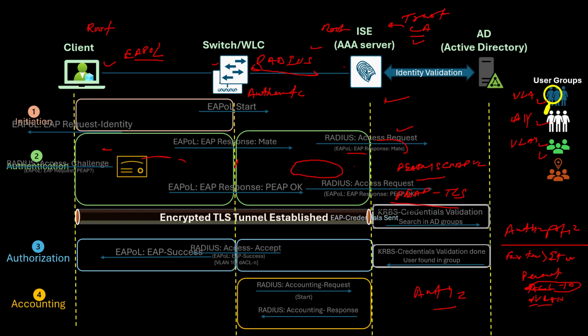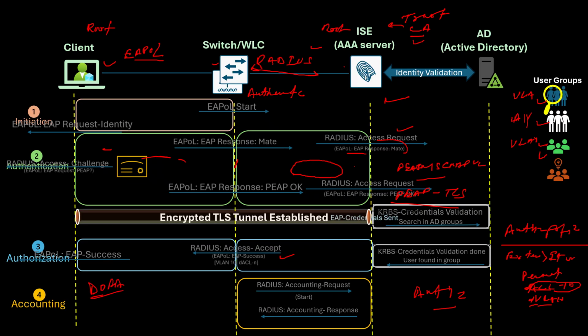So when the last packet has been validated by Cisco ISE, the access accept message will go to the authenticator, and at this point the port will open to transfer further packets, and the DORA process will start here.